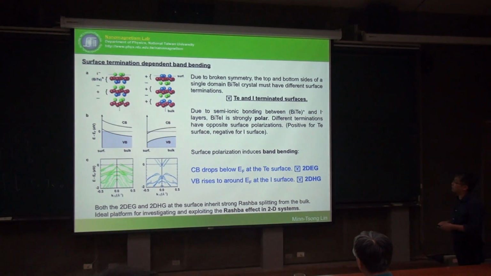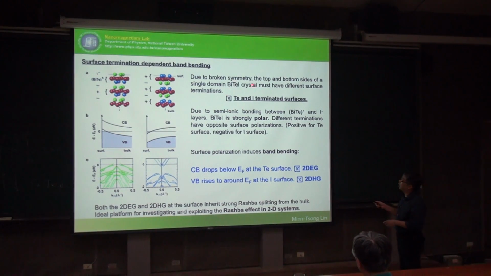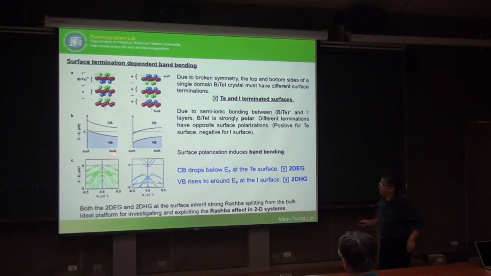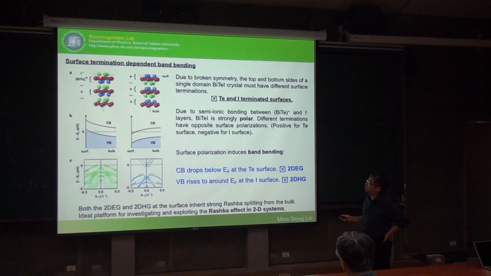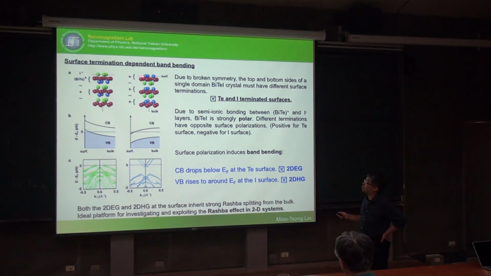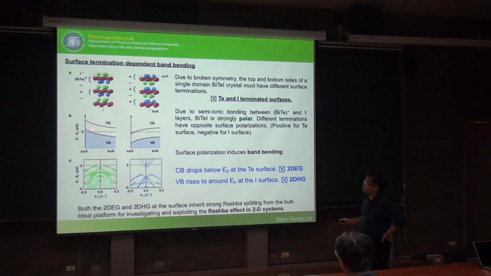In this system, the BiTeI, on which we are working, you have polarization because of the different terminations. You have negative and positive electric polarization. That's why at the surface you have surface band bending.